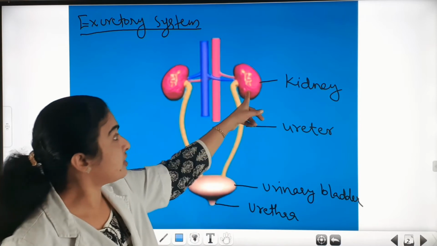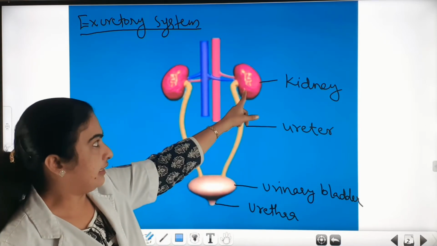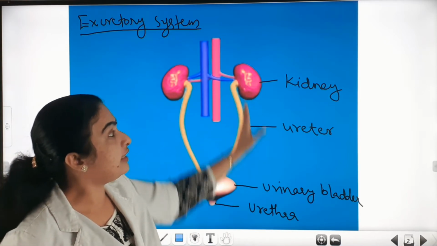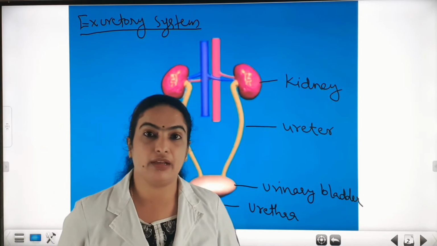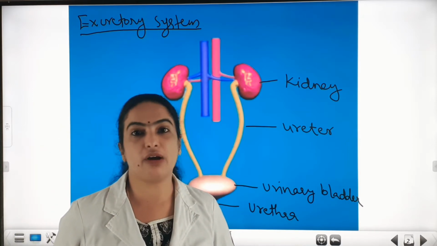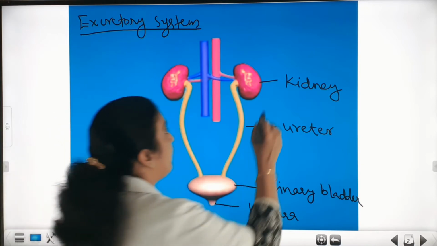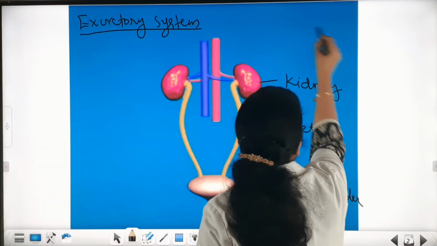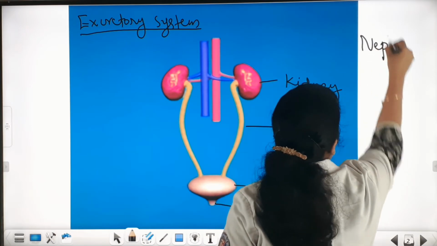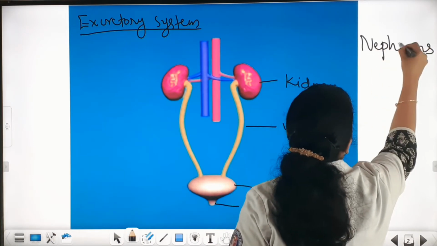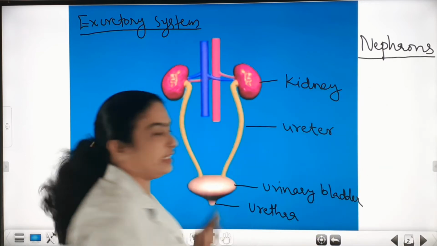So the filtration occurs in the kidneys. The kidneys consist of millions of filtration units called nephrons. So inside the kidney we can see nephrons. Actually nephrons are the filtering units of kidneys.